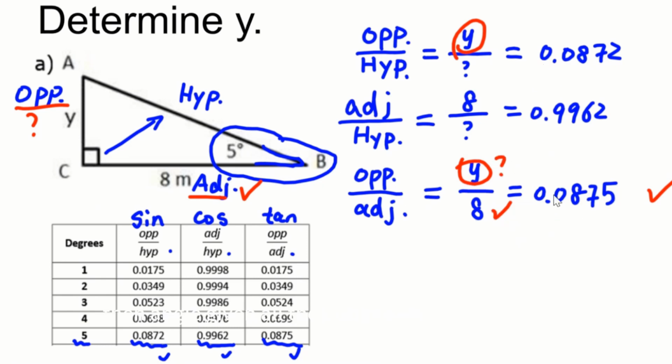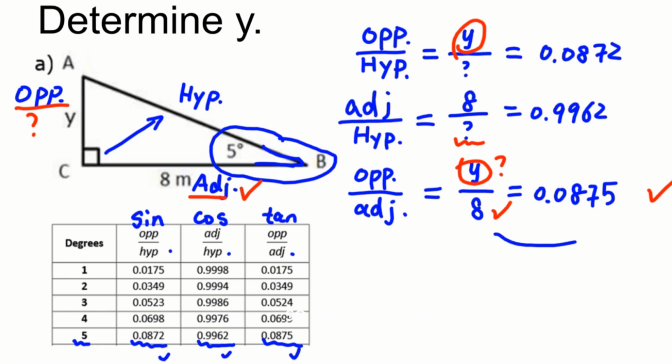In an equation, you have two given, one unknown, you can solve it. We didn't pick adjacent over hypotenuse because we are not solving for hypotenuse. You are looking for y. That's the reason we are picking the last one to solve for y.